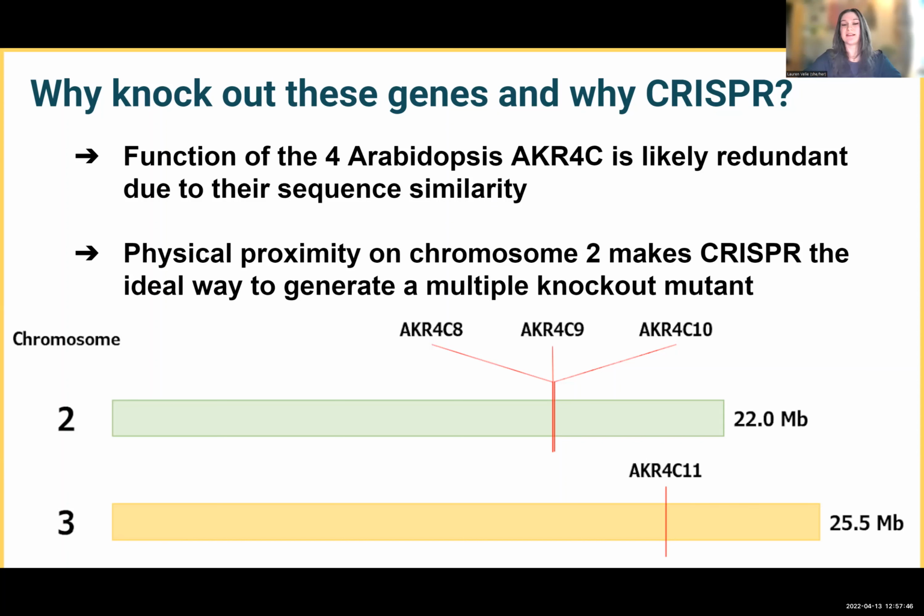As we see in this figure, AKR4C8, 9, and 10 are all on chromosome 2, so the only way we can get homozygous knockout mutants is to generate mutations in all 3 at the same time. So we avoid needing to generate single mutants and crossing them and hoping to find some homozygous recombinant, which is highly, highly unlikely due to their very close physical proximity.